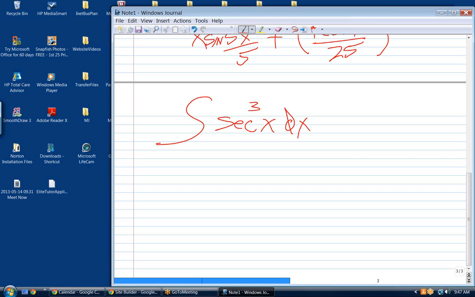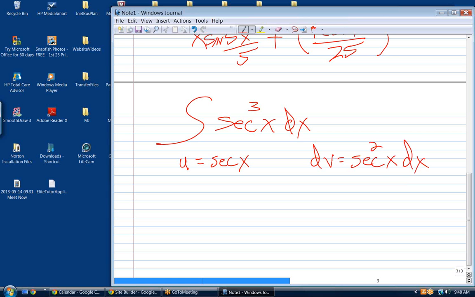So one of the suggestions in this book is to pick the most complicated part of the integrand that can be easily integrated. There's the key: what can be easily integrated? Well, secant squared is easily integrated because the antiderivative of secant squared is tangent. So we're going to let u equal secant x and dv equal secant squared x dx.